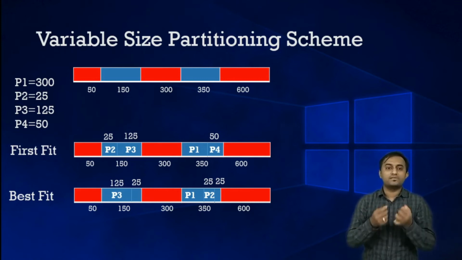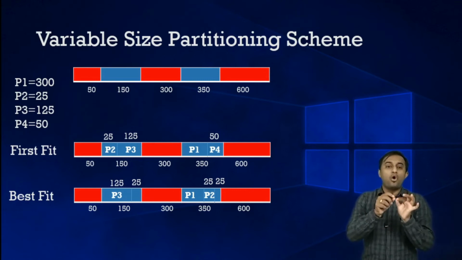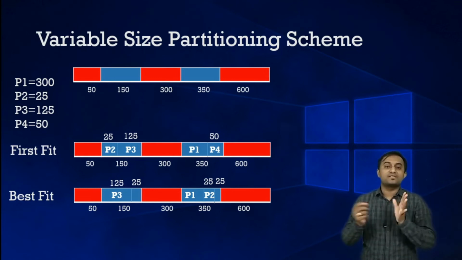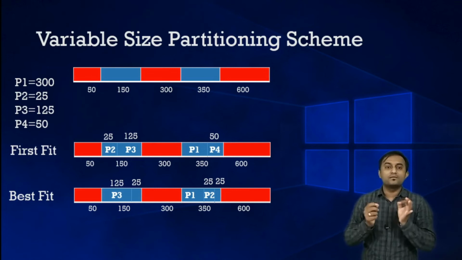When any request arrives, it will initially scan all the available block sizes, and according to the available block sizes, it will accommodate that process by considering the smallest enough block which is available in that whole slot. In this way it will work.